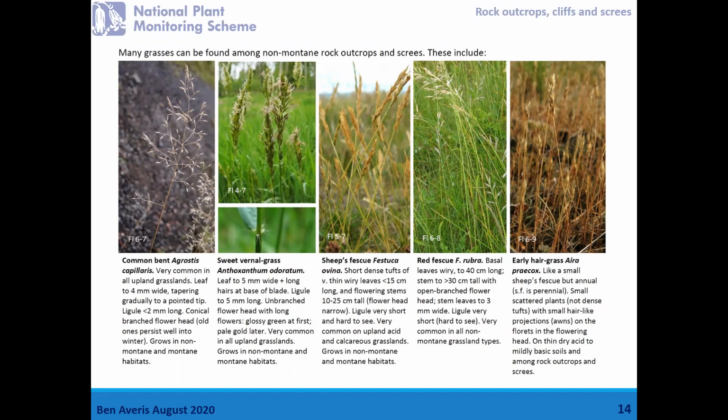And they've both got incredibly short ligules. And the red fescue has another unusual feature: whilst the leaves around the base of the plant, that's the bulk of the leaves, are very, very thin and wiry, the ones that grow up the flowering stems are different. It's like a different design of leaf. They're a few millimeters wide. So quite a different style.